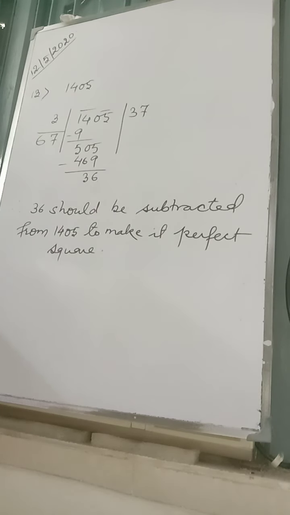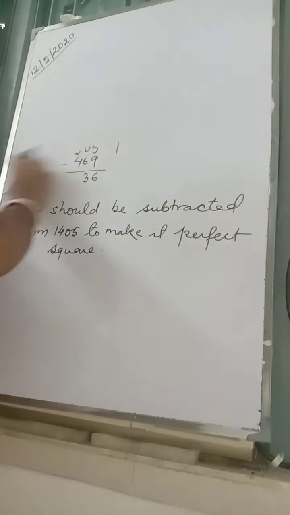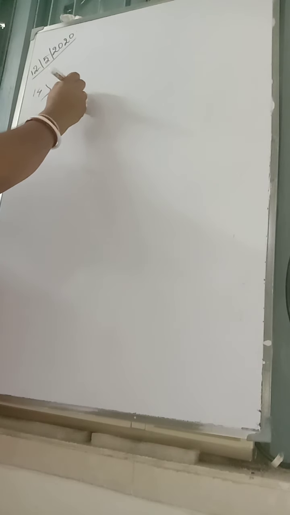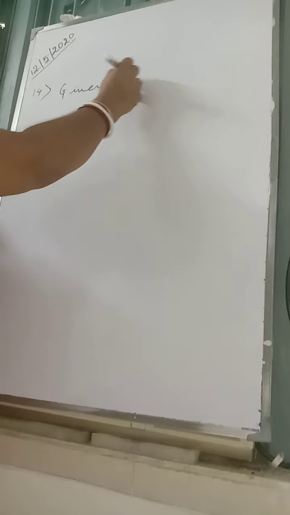Now question number 14, it says find the least number that must be added to make it a perfect square. The number is, question number 14, given number 3059.